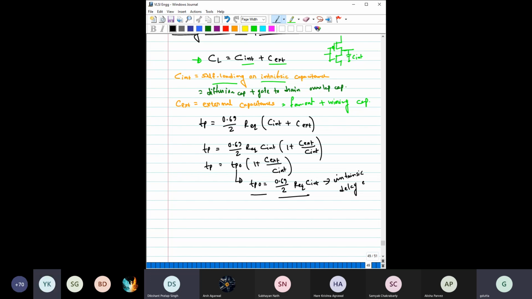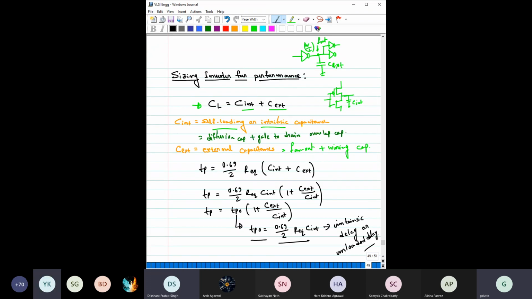That means if you have not connected any load, this much delay would still be there because of the self-loading or intrinsic capacitance.